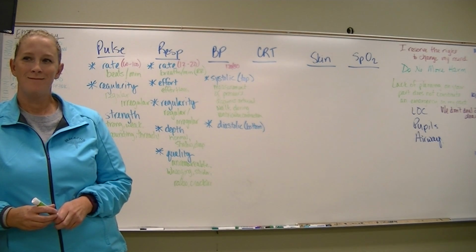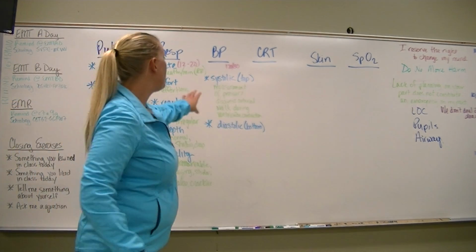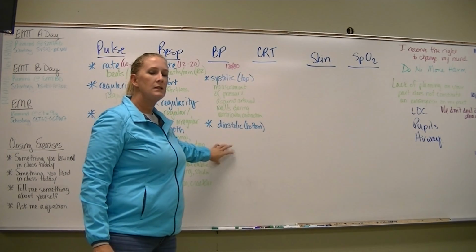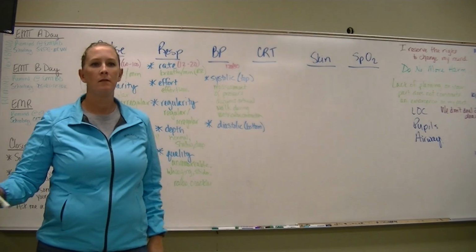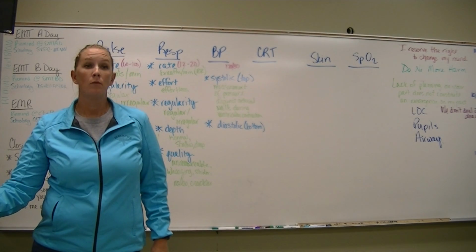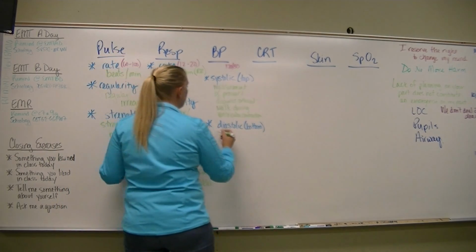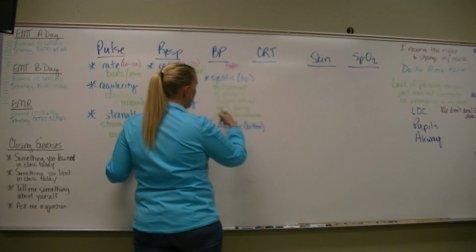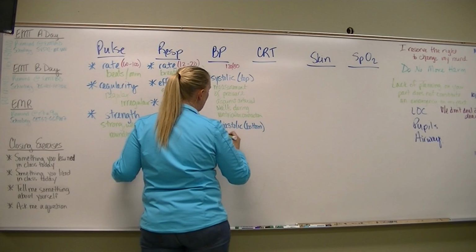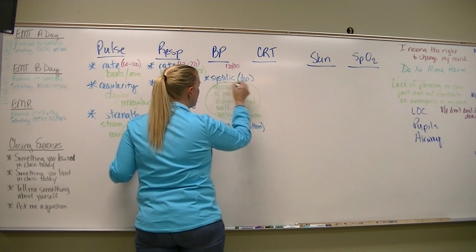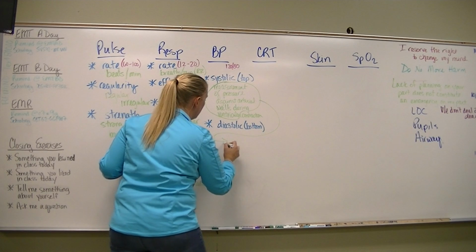I don't know what it represents, though. So if this is a measurement of ventricular contraction, what do you think this is a measurement of? When it stops contracting. Ventricular relaxation. Yeah. So this is a measurement of the pressure against arterial walls during ventricular relaxation. So this entire statement right here, just pretend I rewrote it right here.